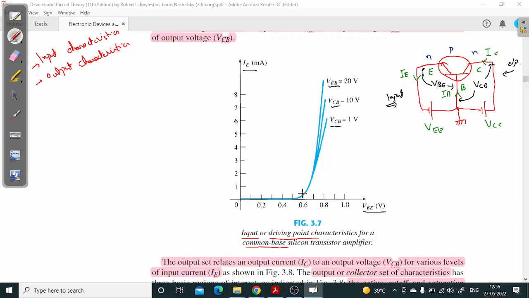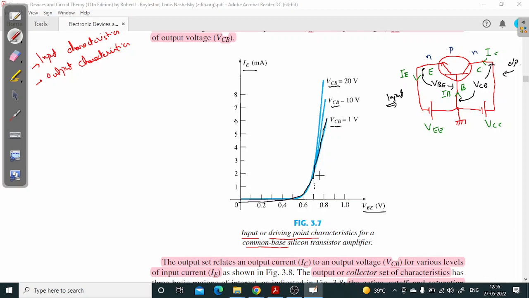Look at this, the first case, when VCB is equal to 1 volt, when the output voltage is 1 volt, the curve is like this, which is the same as the forward biased diode ID versus VD curve, right? So it starts from 0, remains almost 0, and at a certain particular voltage it starts rising exponentially, and let's say this is the 0.7 mark.